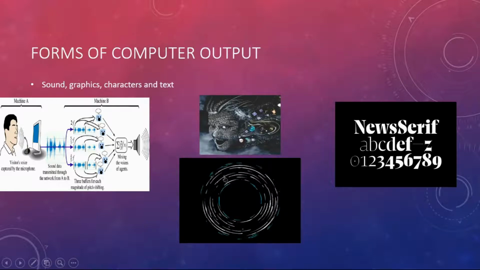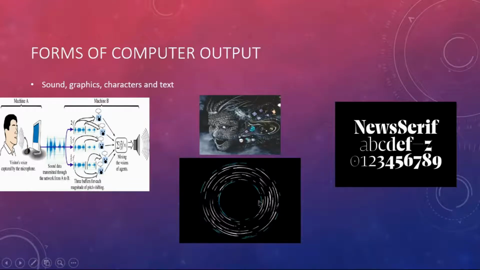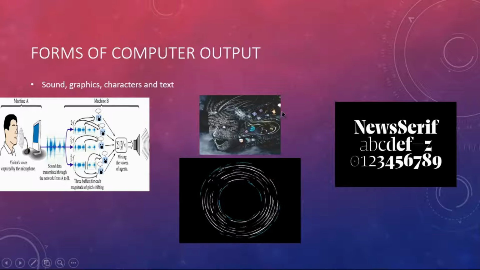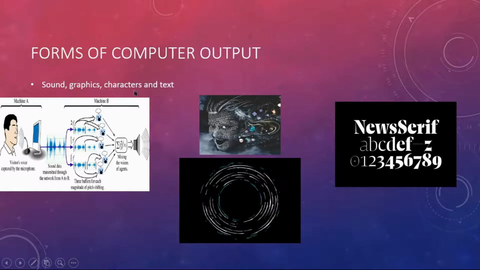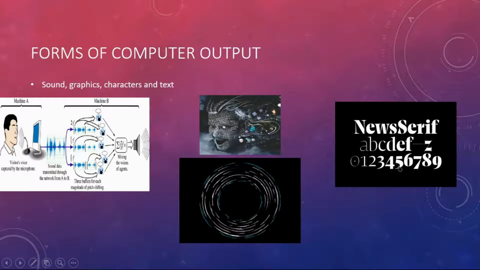And then we have output devices that help us output this kind of data. We see the images right now on our screens. As you can see, you see it as an image. That means the form of output we are receiving from our monitor right now are the images we see on the screen. So these are the three major forms of computer output we can use.